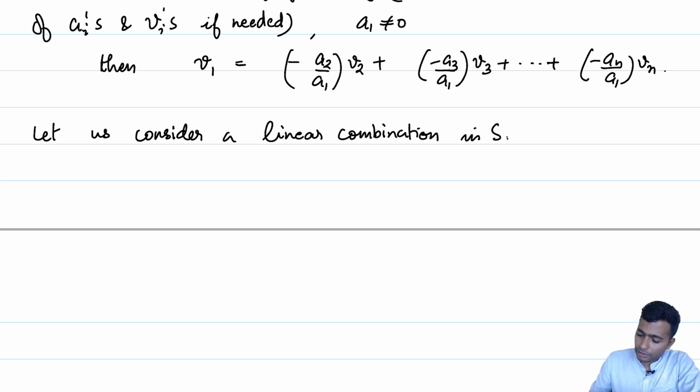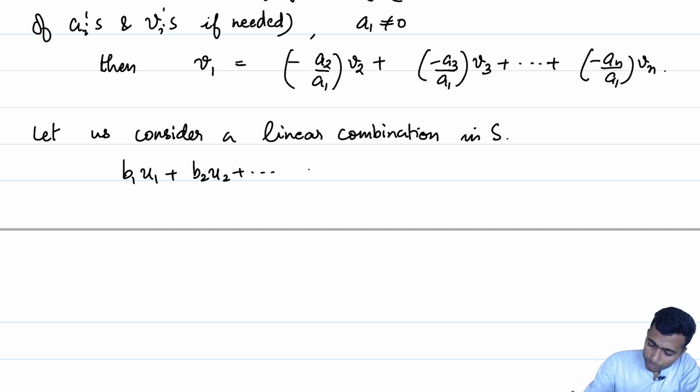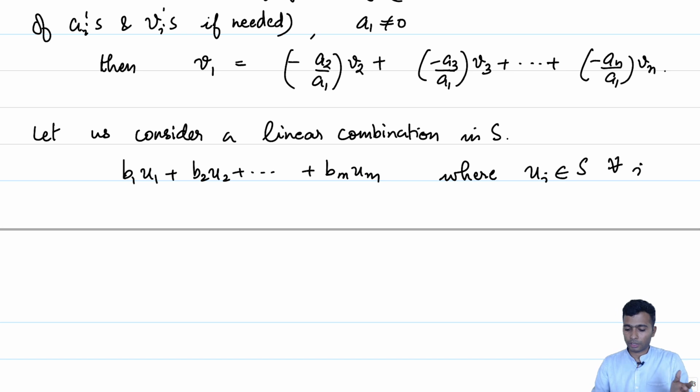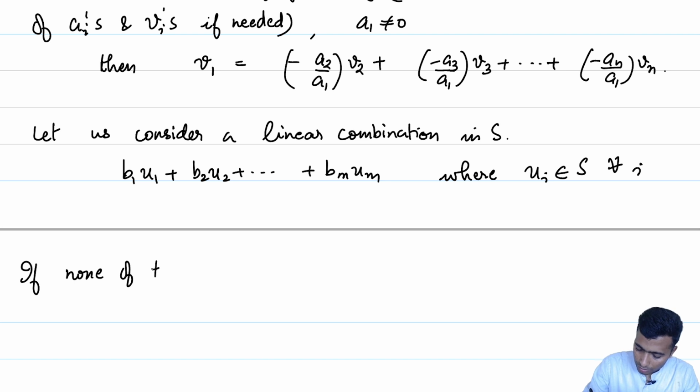So, let us take some arbitrary linear combination in S, which will be an element in the span of S, right. Let me use the words b1 u1 plus b2 u2 plus up to bm um, where ui belongs to S for all i.